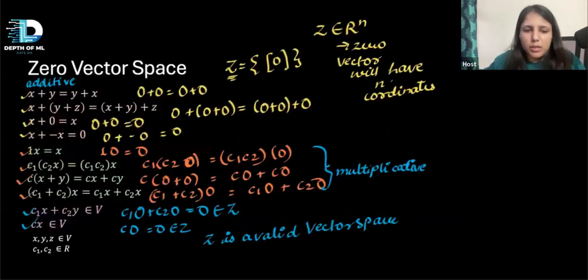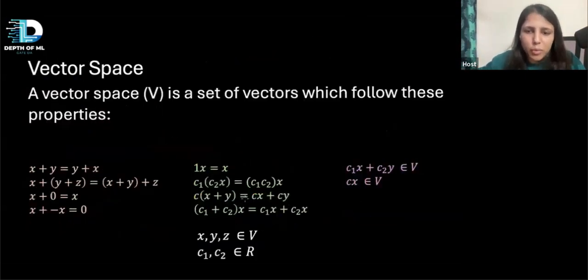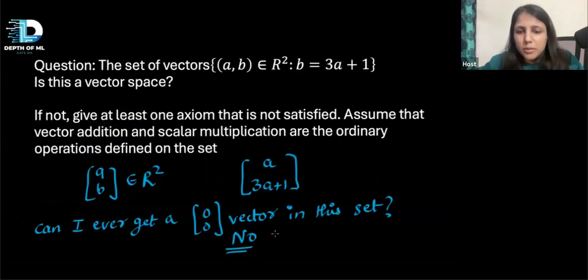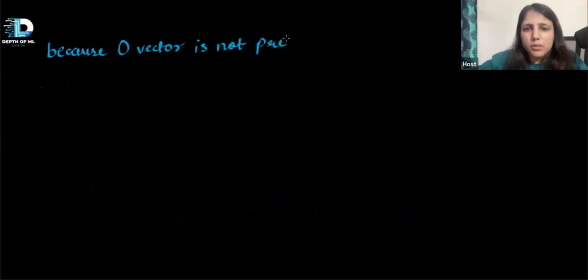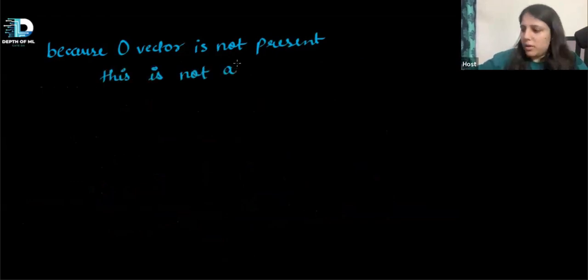So in my axioms, there was a very important condition that it should always have a 0 vector. Because this 0 vector is not present, I will add one new slide. Because the 0 vector is not present, this is not a vector space.